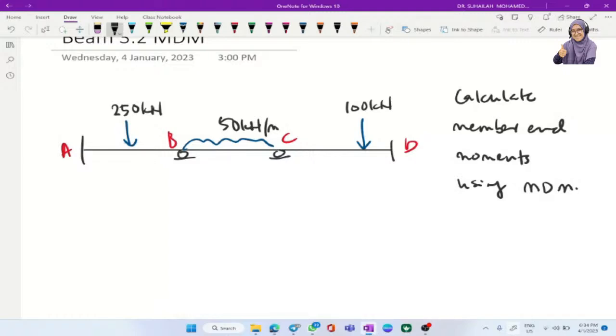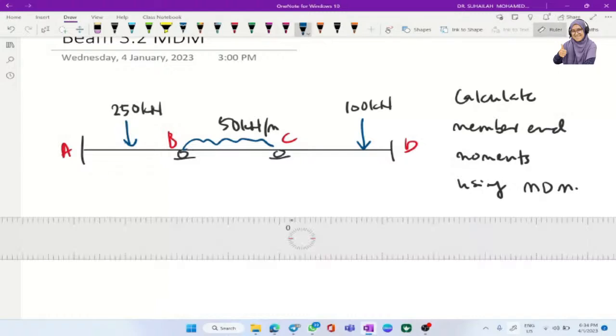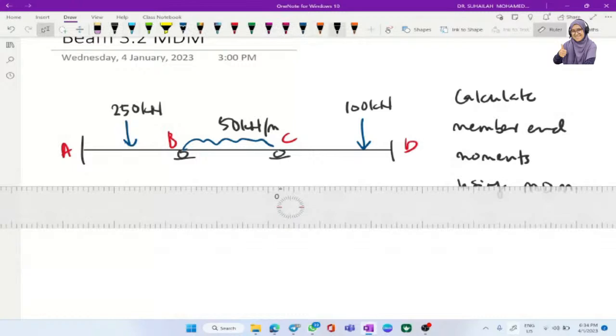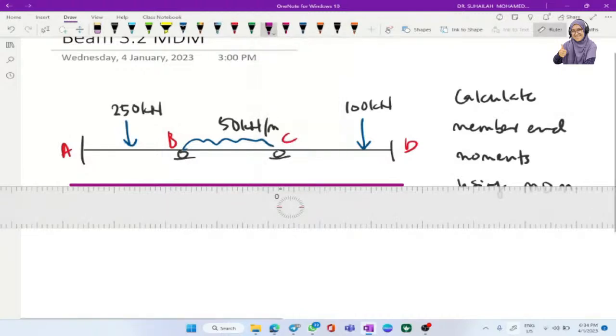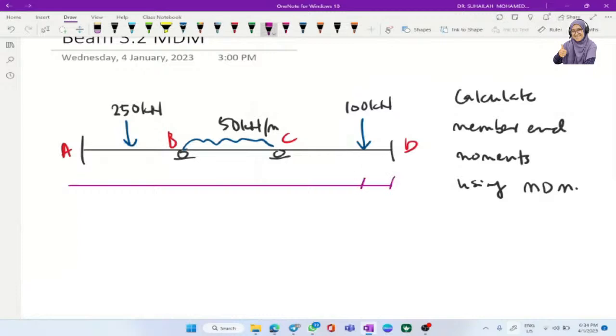Okay, the distances: this is 2 meter, 2 meter, 3 meter, this is 3 meter, and 1 meter.